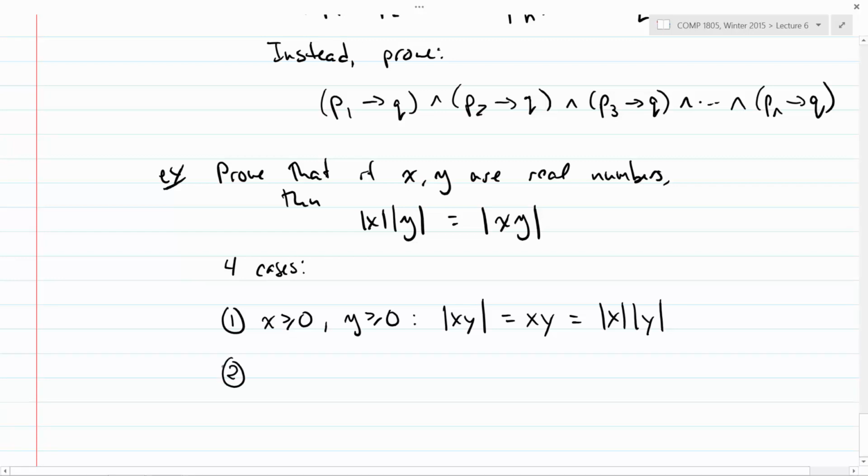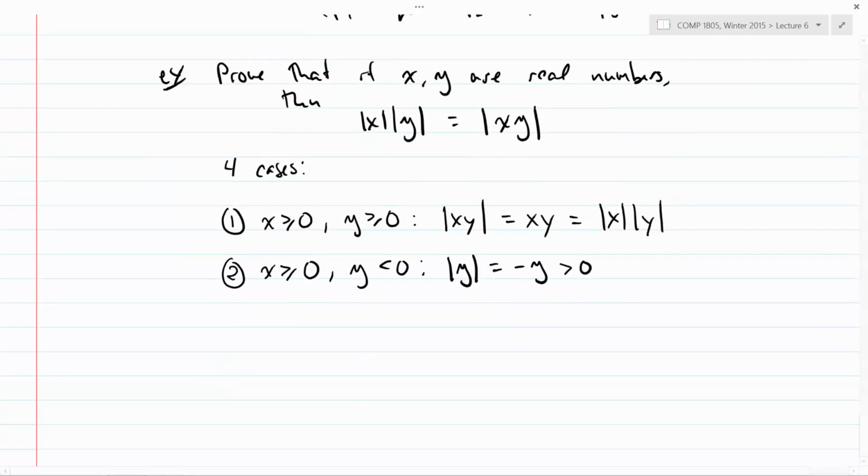Next case is a little bit more difficult. x is bigger than or equal to 0. y is strictly less than 0. So y is now a negative number. So the absolute value of y is equal to minus y, and that's bigger than 0, because y is negative, so minus y is positive. So far so good? All right.